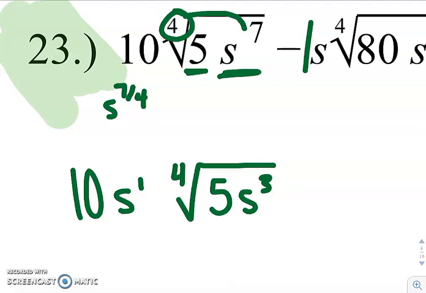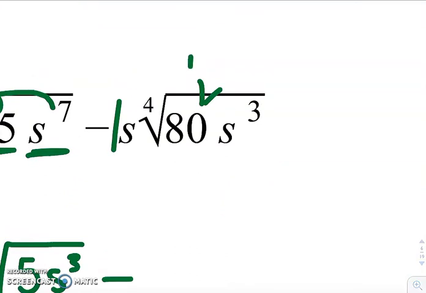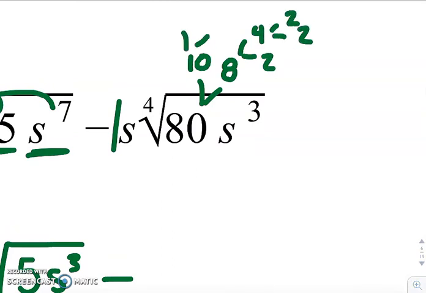So let's look at the second one. We can bring down our subtraction sign. So the fourth root of 80. There's probably going to be a fourth root in there. So let's factor that. 10 times 8, 4 times 2, 2 times 2, 2 times 5. We don't want to include any of those that aren't prime. So we need a group of 4 things that are the same to make that perfect fourth root.